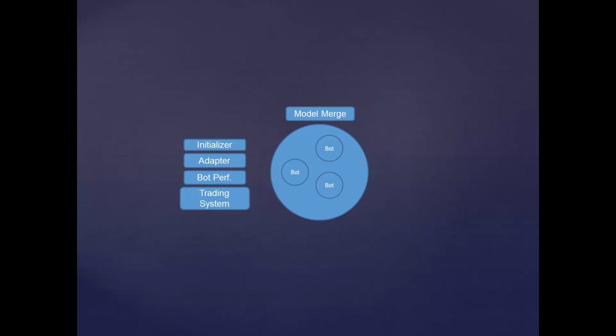Now, once you have all these bots, and they're making or losing money, their signals need to be merged together. So each bot is saying, buy, sell, based on the result of the trading system and the parameters that it's holding. So each bot has a different opinion as to whether or not you need to buy or sell or hold or do whatever.